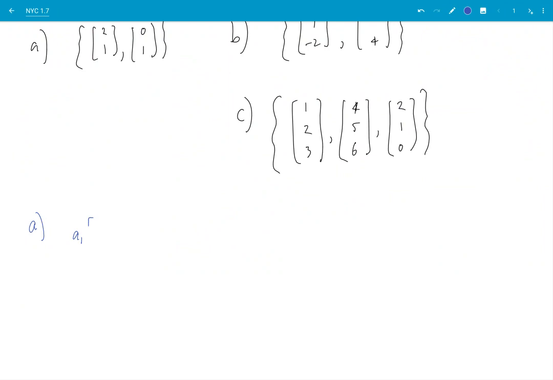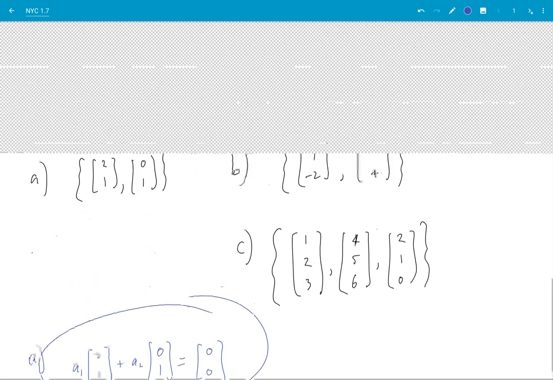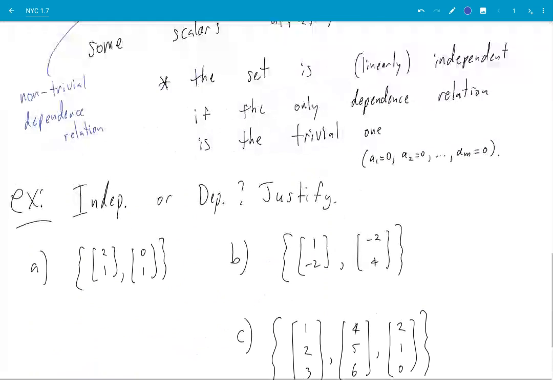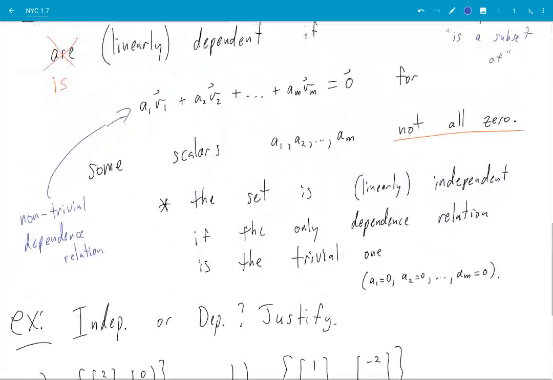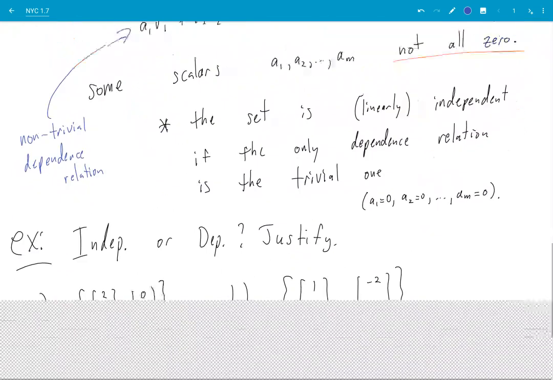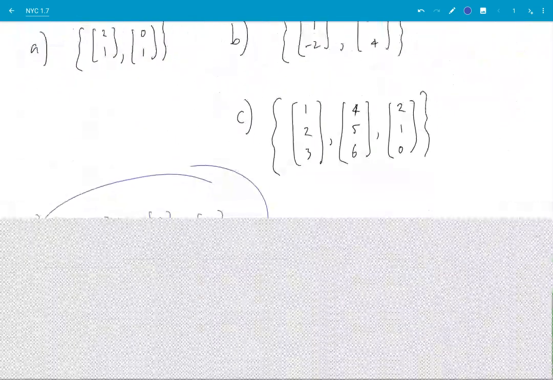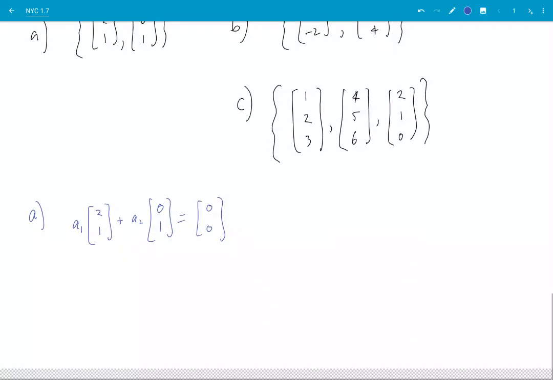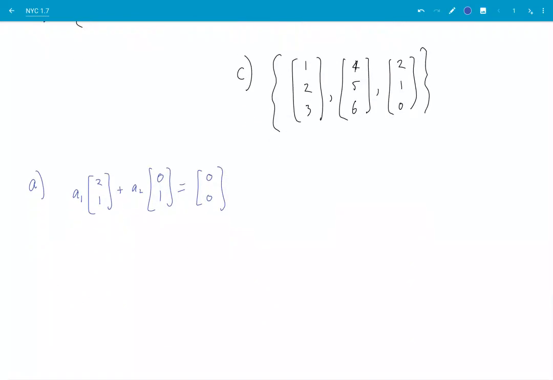I'll write down A1 times the first vector plus A2 times the second vector, and that's equal to the 0 vector. What I've done here is just copied this equation where we have 2 vectors and just A1 and A2.